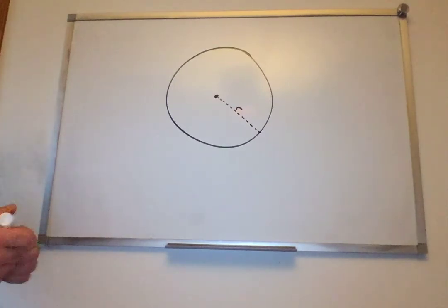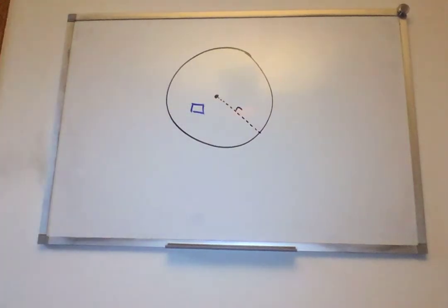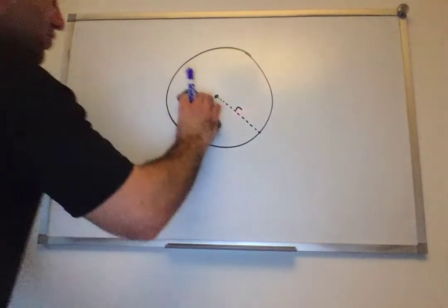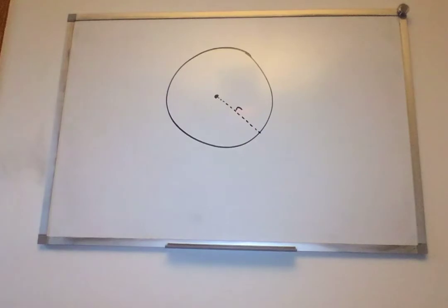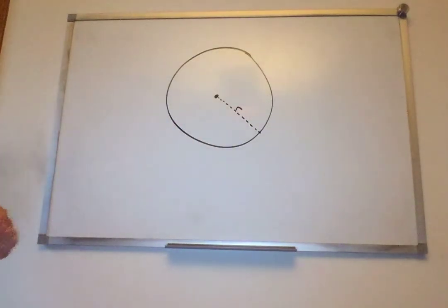And now what I'm going to do is draw a rectangle inside of this circle. What it means to be inscribed is that I don't just draw a rectangle anywhere. The corners of the rectangle are going to land somewhere on the circle.